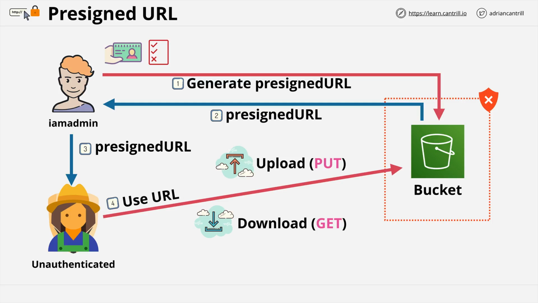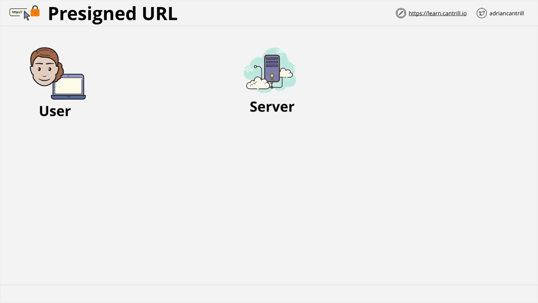Now, there's another type of architecture which commonly uses pre-signed URLs, and I've mentioned this earlier in the course when I was talking about some benefits of S3. I want you to think about a traditional application architecture. On the left, we have an application user with a laptop. We've got an application server in the public cloud in the middle, which hosts the application.